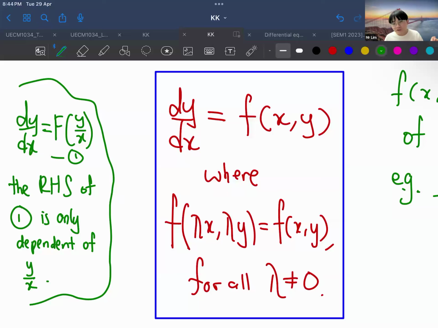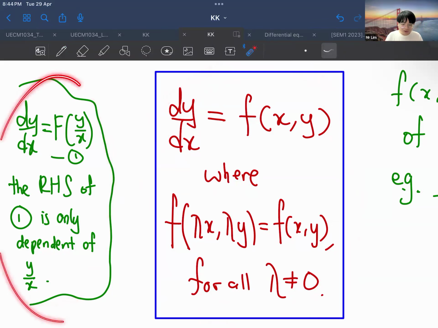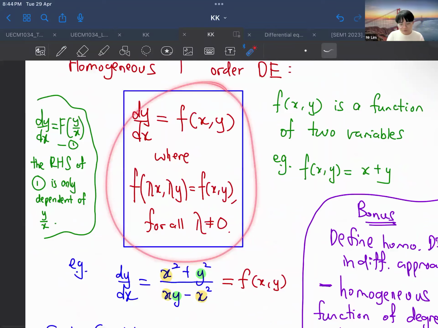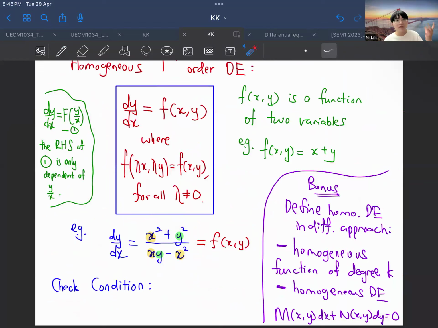But that probably could be confusing to your level now. If you can understand, then that's good for you. But if you cannot, just use this way. This one is more natural, but this one is easier to use. So I'm choosing the easier one to use. So you have 3 ways to define a homogeneous DE. Once you define, try to find out the resources.